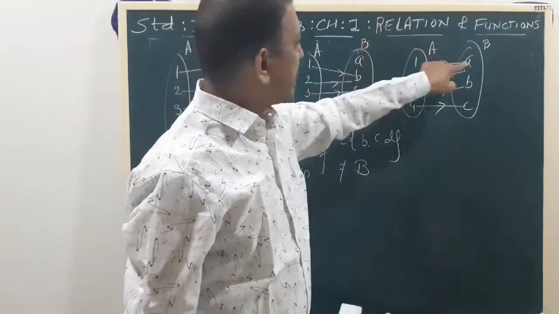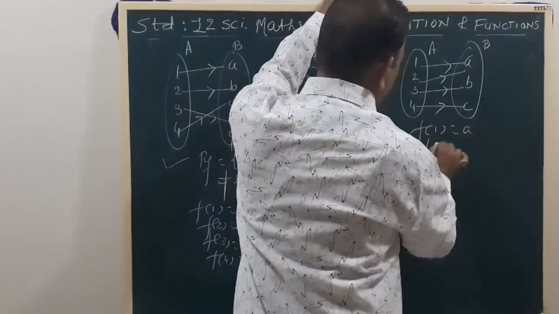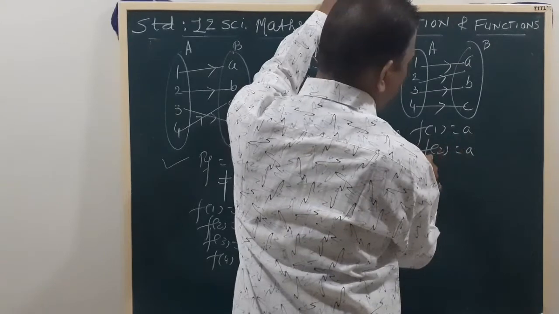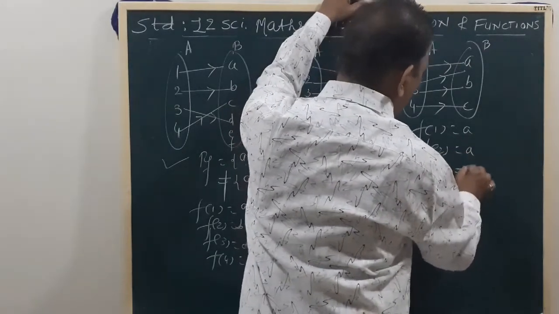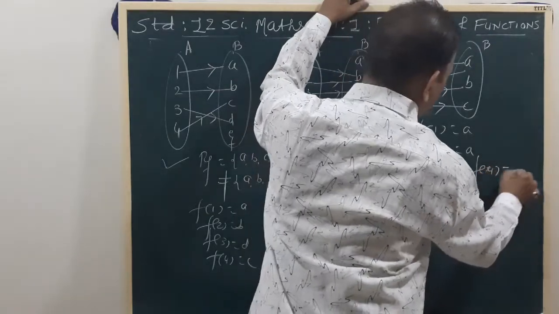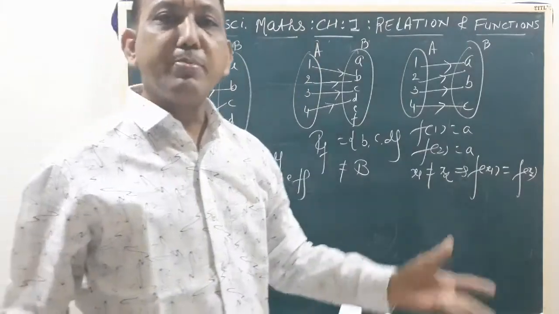F1 answer A and F2 answer A. Different value, but same answer. x1 is not equal to x2, but f(x1) equals f(x2). Different value, but same answer. It is called many-one function.